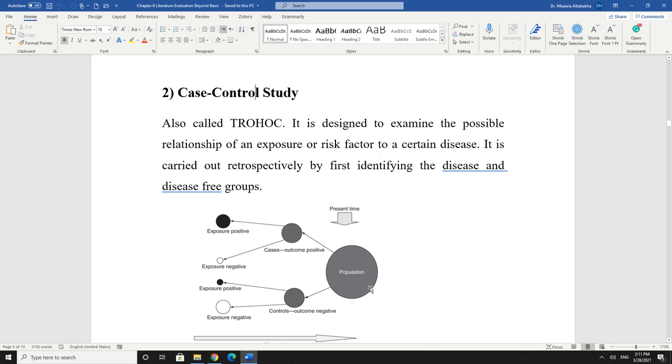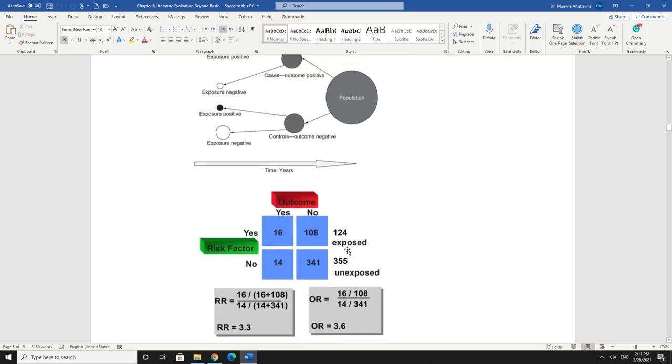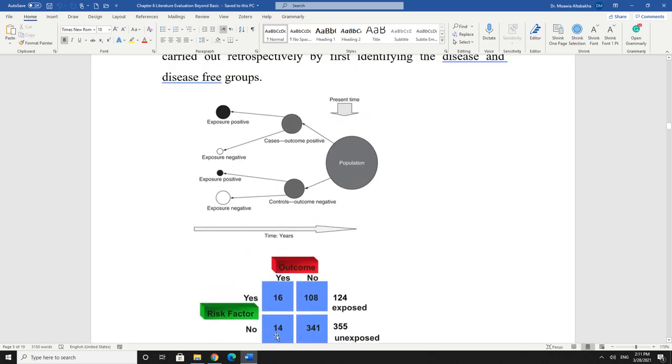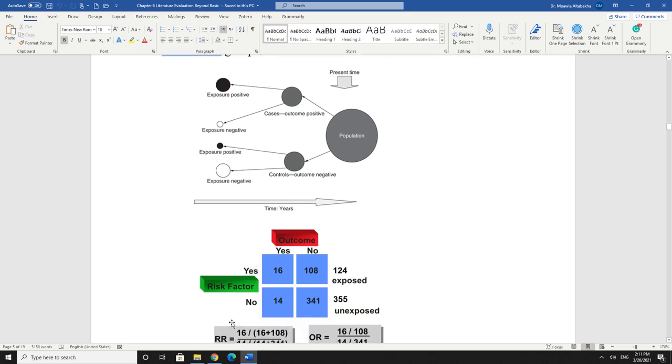Okay? But at the end we will have the same table. Risk factor: exposed, like the pharmacists preparing chemotherapy, or the pharmacists who do not prepare chemotherapy. And here the outcome: yes means cancer, no means there is no cancer.